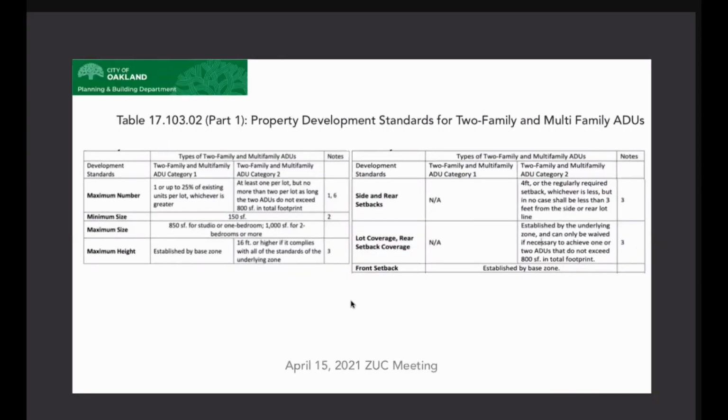So the standards for the multifamily properties, essentially, there's also the minimum size of 150 square feet, the maximum size of 800 square feet for a 1 bedroom or 1,000 square feet for 2 bedrooms or more. And there is an error we realized that we have in here for the maximum number for the category 2. So we had in here, it says at least 1 per lot, but no more than 2 per lot, as long as the 2 ADUs do not exceed 800 square feet in total footprint.